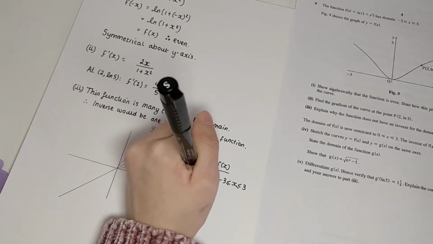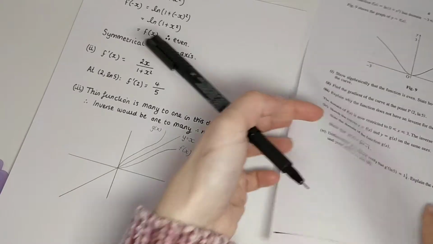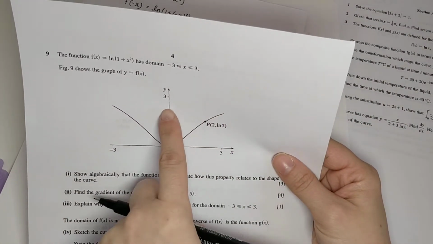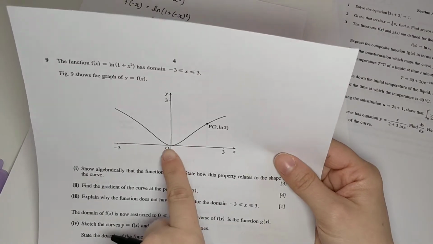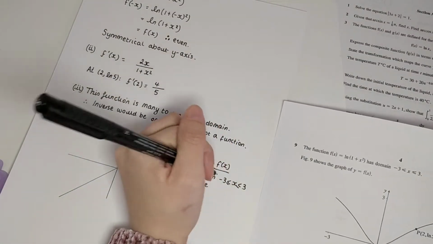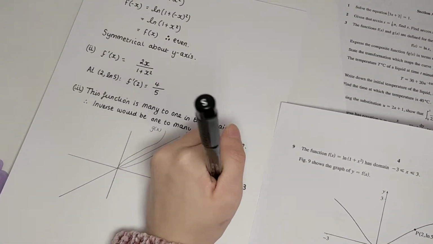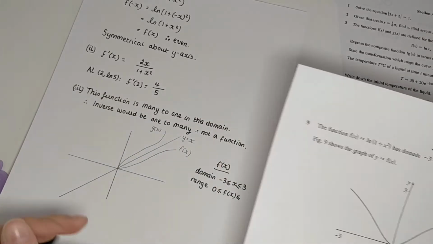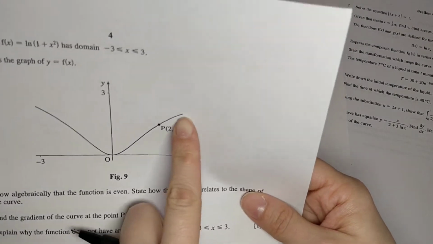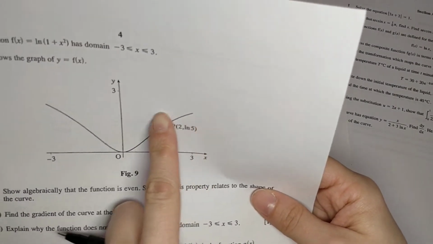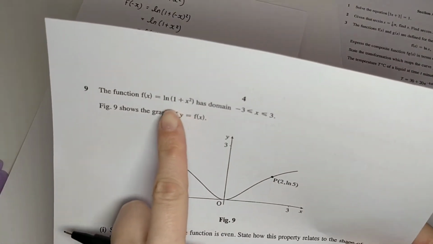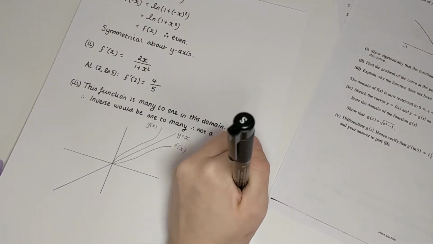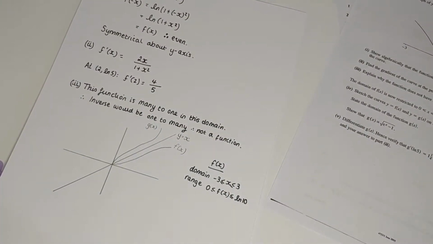So the range of f of x, is it obvious from the picture? Not really. It's obvious it starts from 0, so I can put that in. But the maximum is where 3 is, so if I just sub 3 in here, that's log 10. So the range is from 0 to log 10.